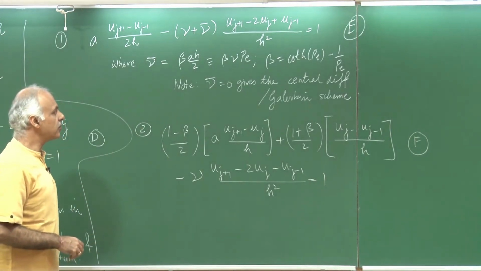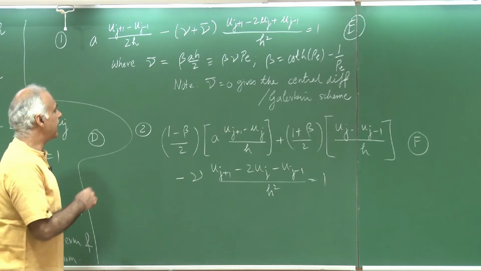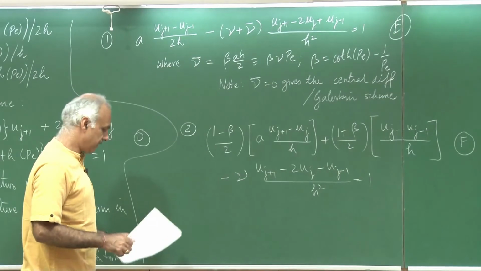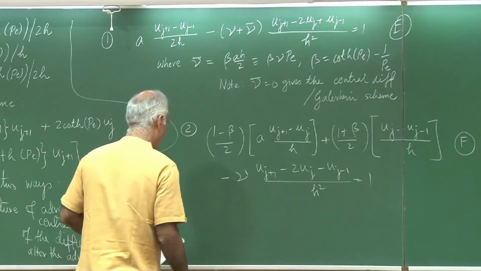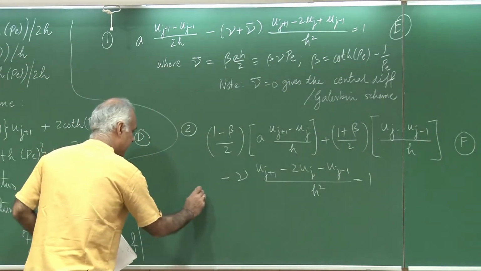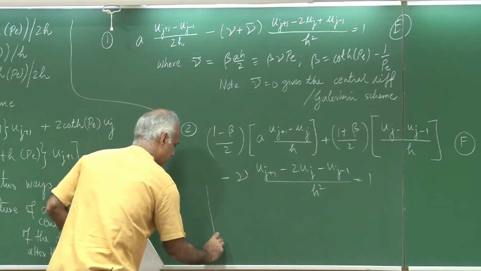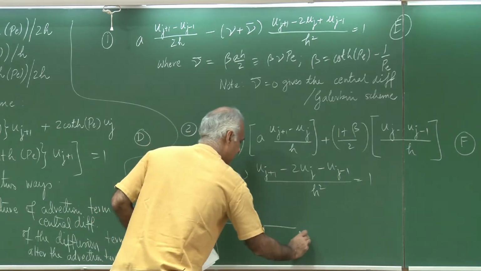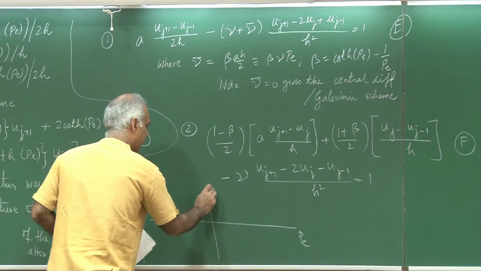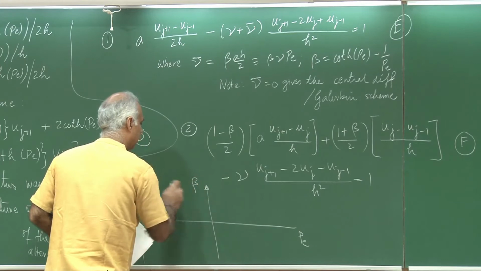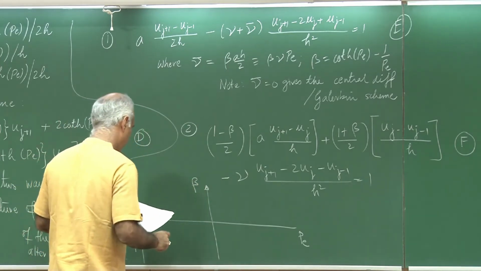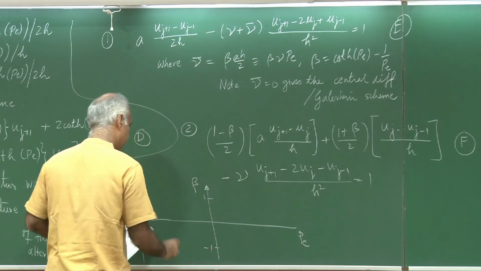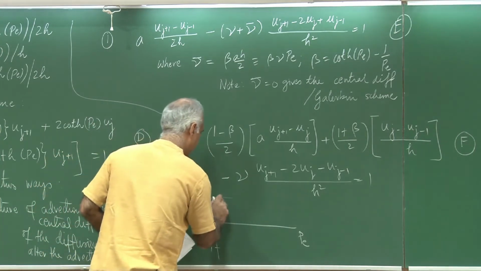Let me draw for you what beta looks like, and then I will give you the interpretation of these two methods that we have. So, beta looks something like this. On the x axis is the Peclet number, and on the y axis I am going to plot beta. So, this is value 1, this is value minus 1. So, let me just draw these bounds.